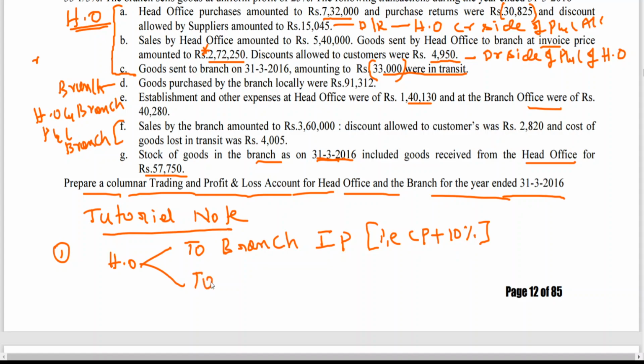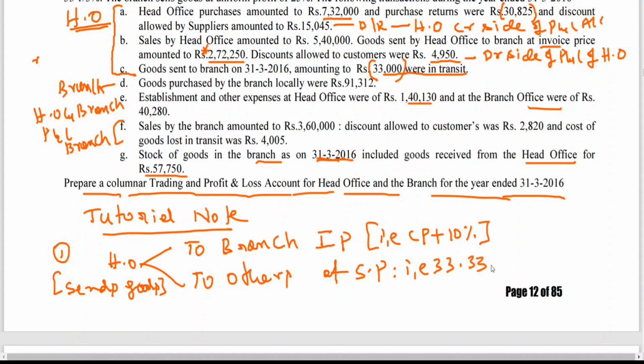To others, goods are sold at selling price, that is 33.33% or 1/3.